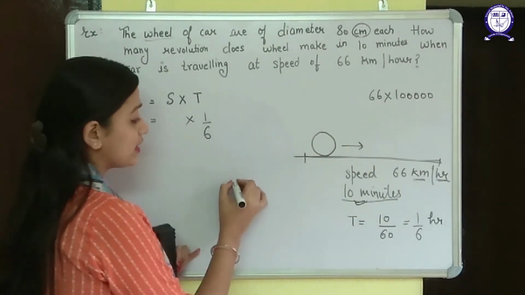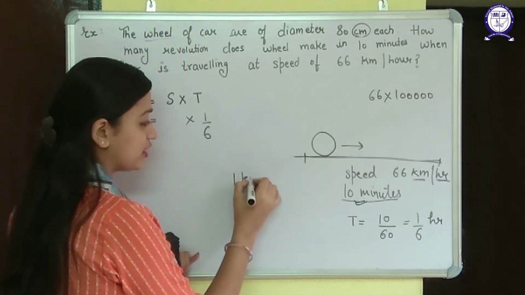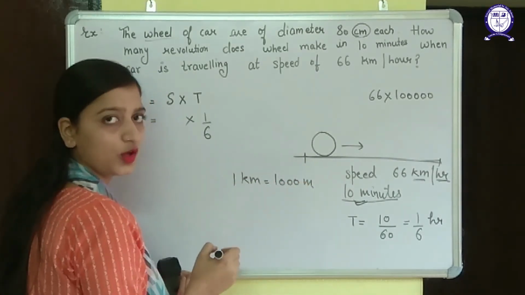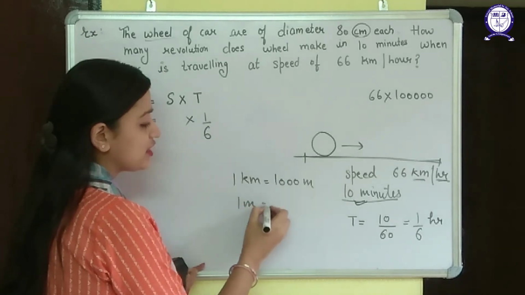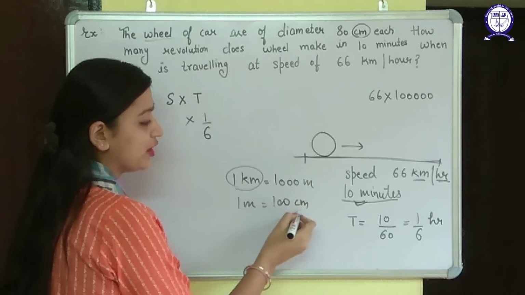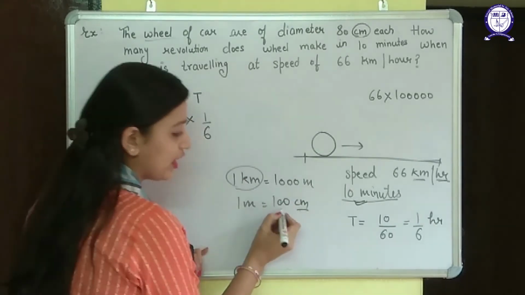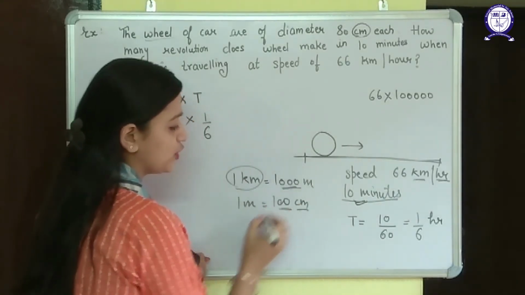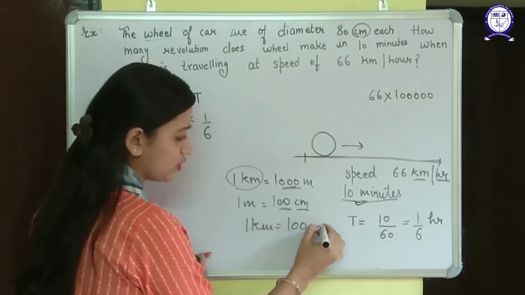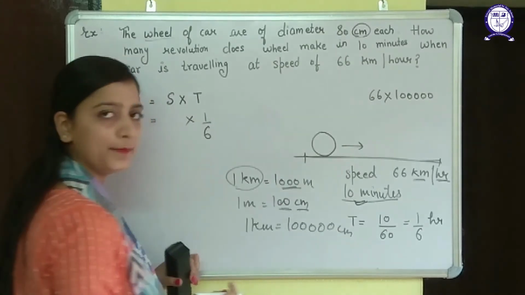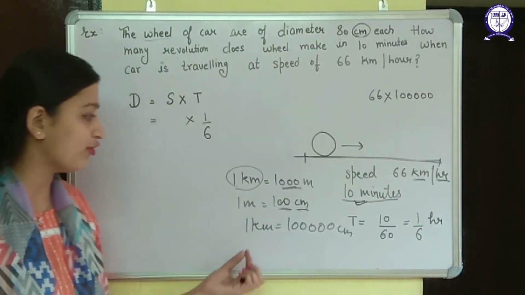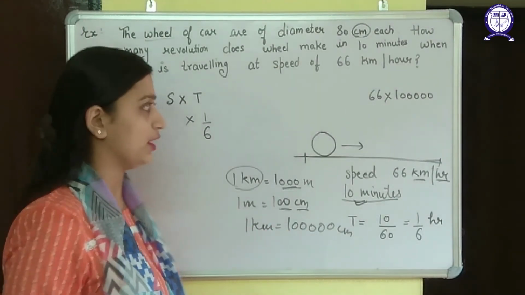First of all, 1 kilometer is equal to 1000 meters, and 1 meter is equal to 100 centimeters. So there are 2 zeros here and 3 zeros here. So 1 kilometer is equal to 1 lakh centimeter. This is the way of changing kilometer into centimeter.